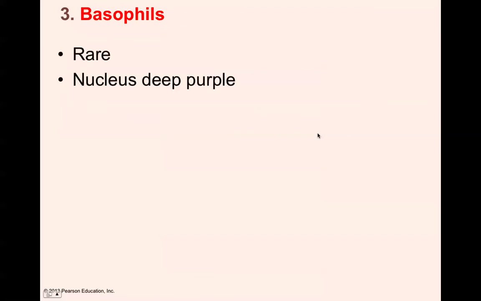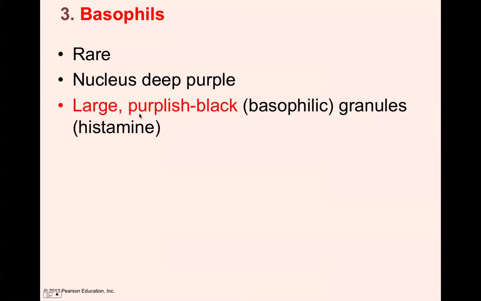Basophils are really rare. The nucleus stains a deep purple, and there are large purplish-black granules. Basophil means the stain likes alkali or base, but anyway, the basophil is named because of these large purplish-black granules. They actually contain histamine.